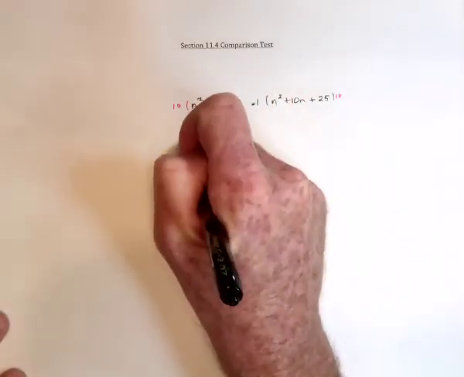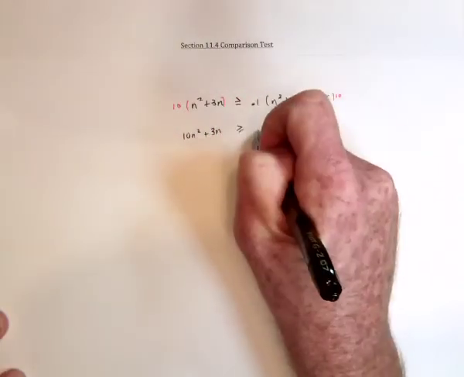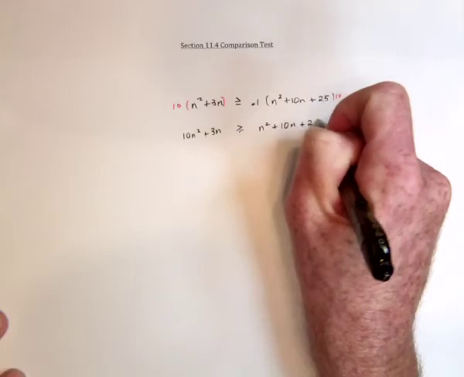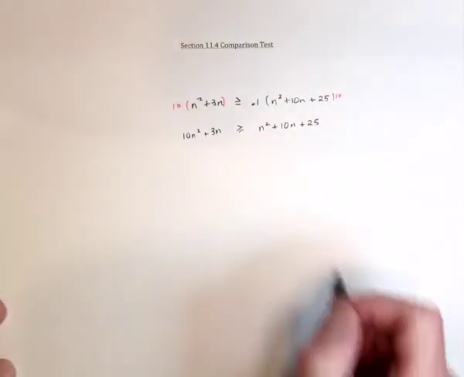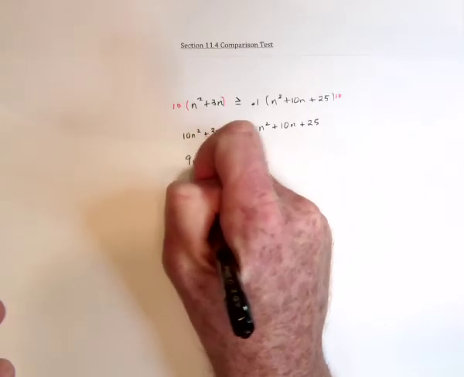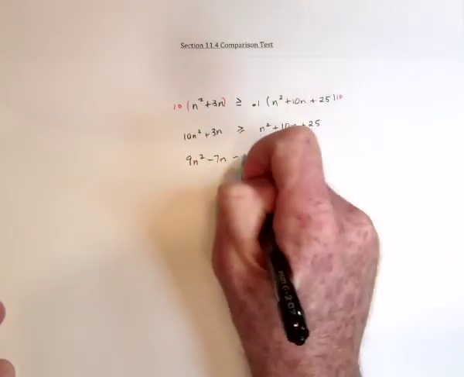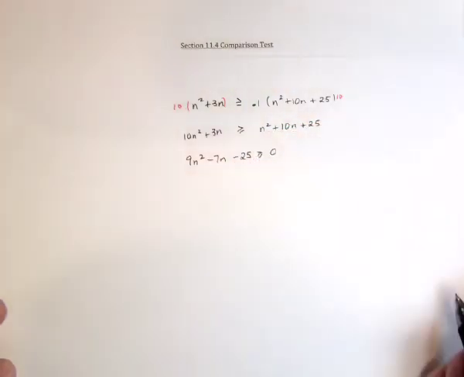So 10n squared plus 30n, is that bigger than n squared plus 10n plus 25? And I think I see the quadratic formula coming. So we would have 9n squared minus 7n minus 25. Is that bigger than or equal to 0?